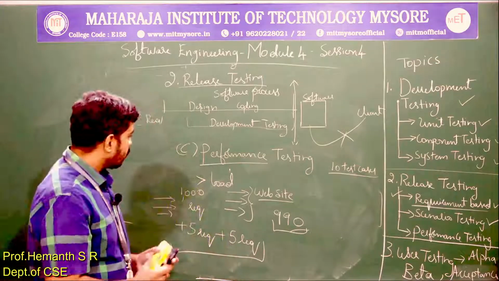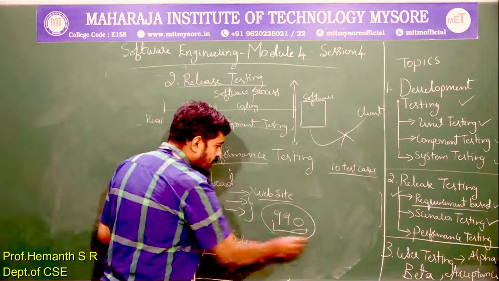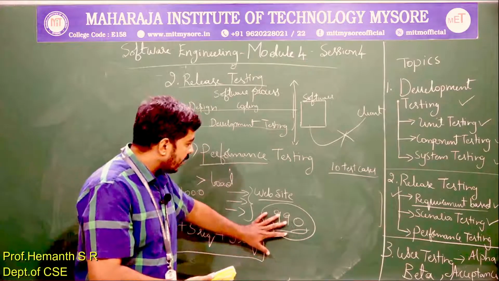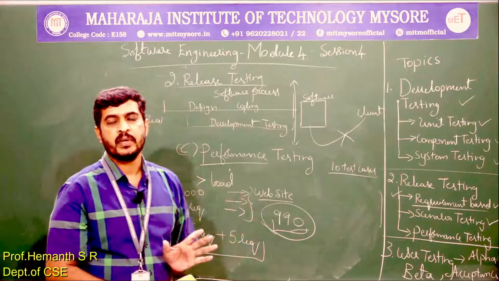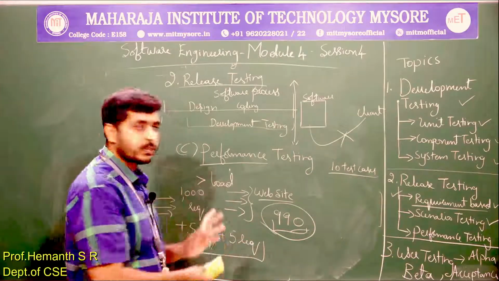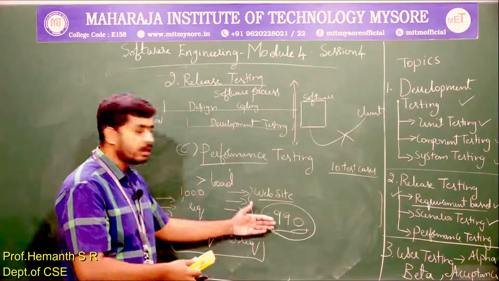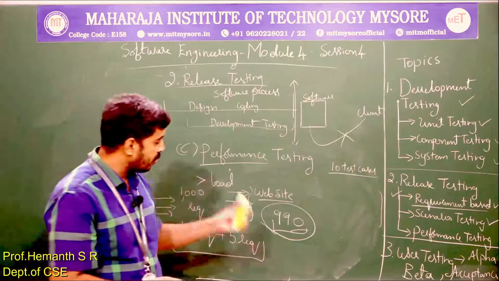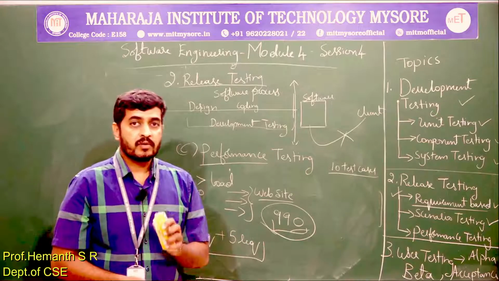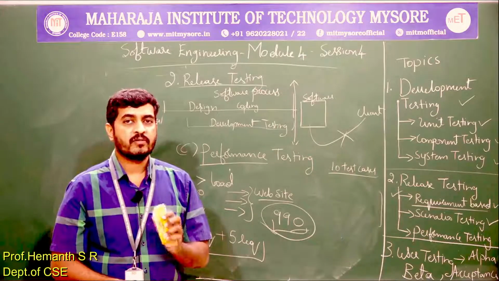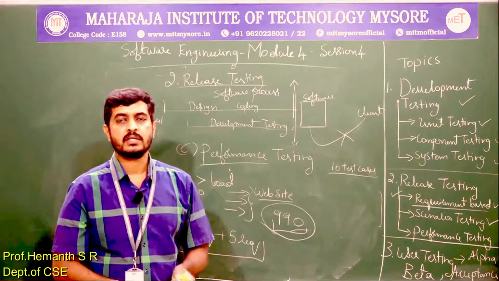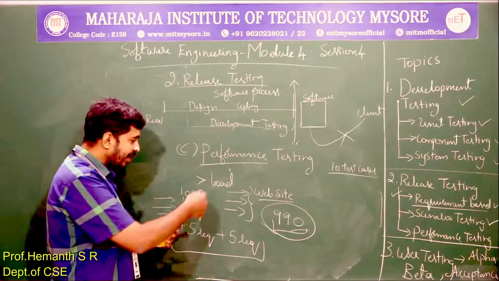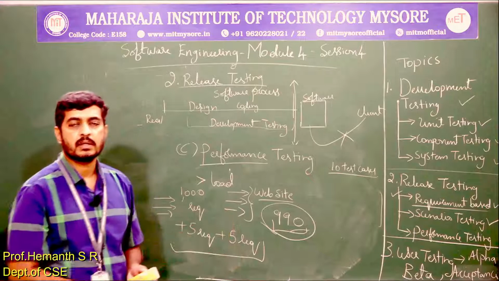Now how did we get to know that with 990 requests the website is behaving as per the expectation? That is what we derived through performance testing. We understood at what point the performance is degrading, at what point the failure is occurring, and based on this experience we have reorganized the website.